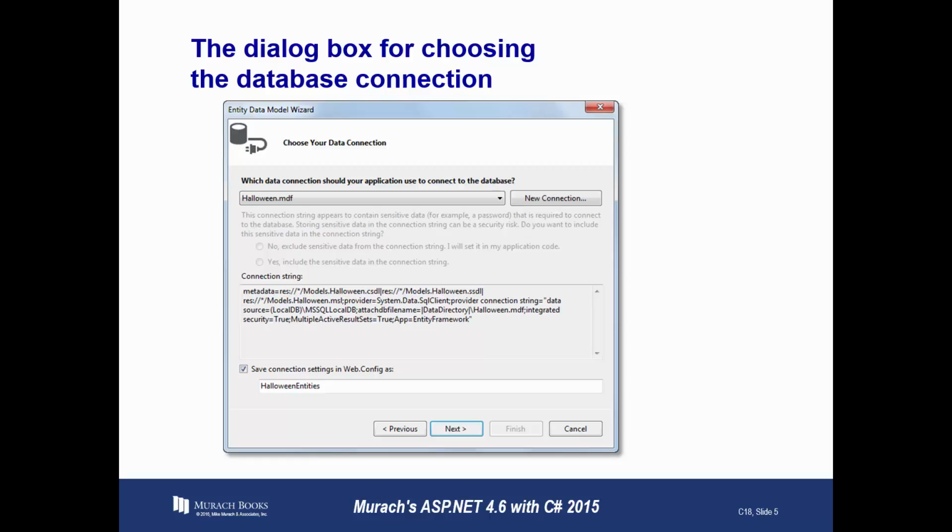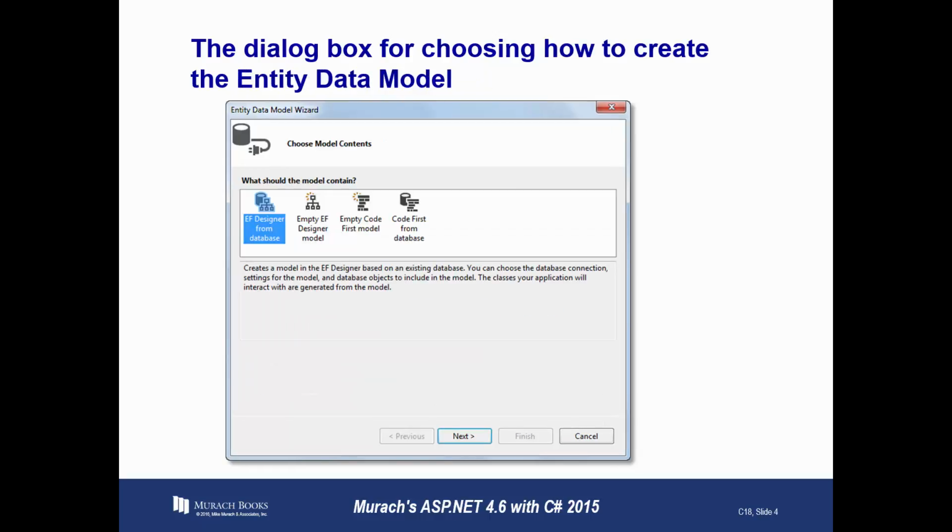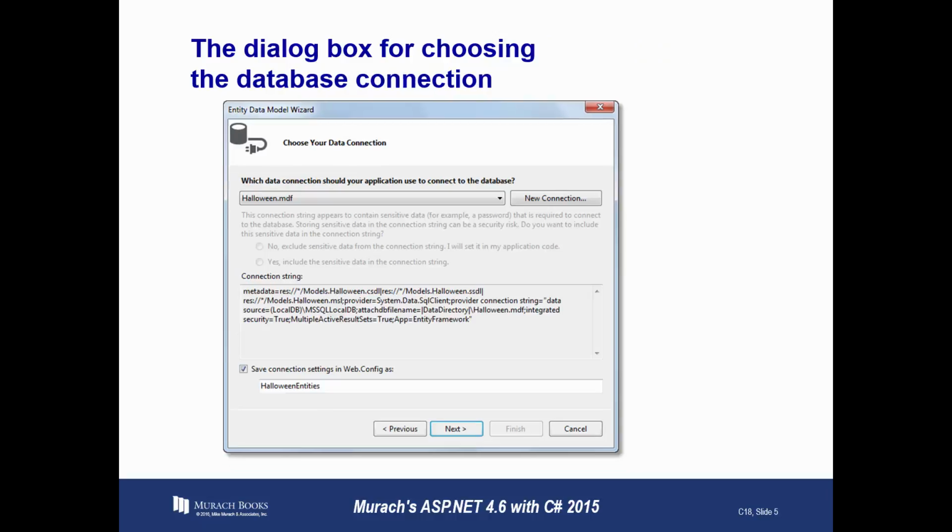When it came up and it said here, choose model contents, as you see right here, we talked about those 4 different possibilities. The one that we're going to start with is the first one, EF designer from database. In the second step, which tells us to choose our connection, we either choose an existing database connection if we have one, or we create a new one.